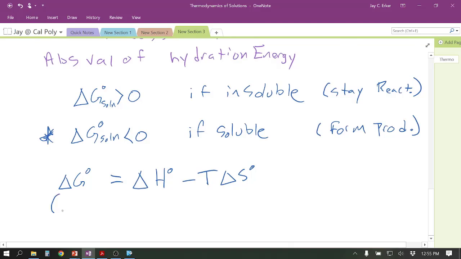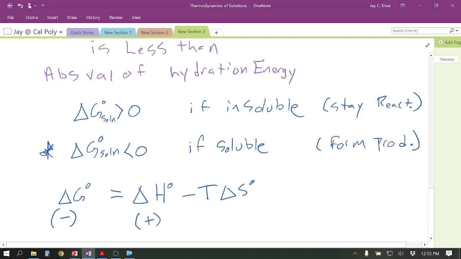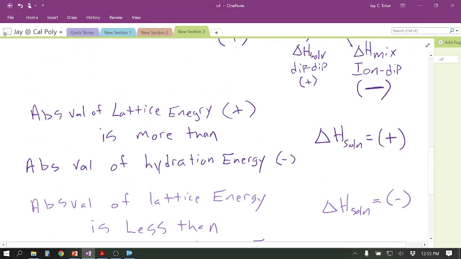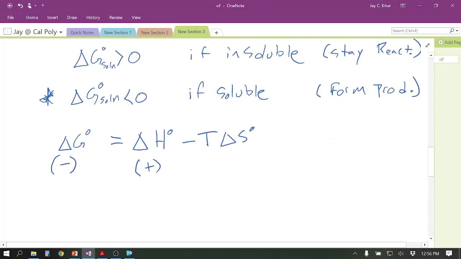So in this situation, we saw the delta G was negative for the particular case we're looking at, and we saw the delta H was positive. If we're considering this first situation, we'll call this situation 1. The delta H is positive. This means the only way this works out is if delta S is positive.